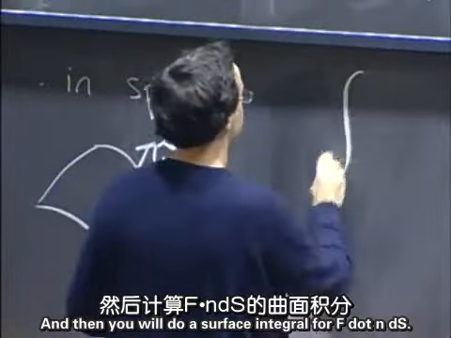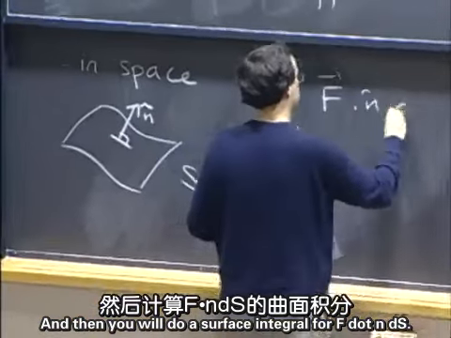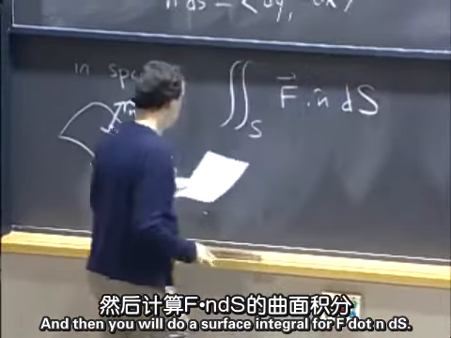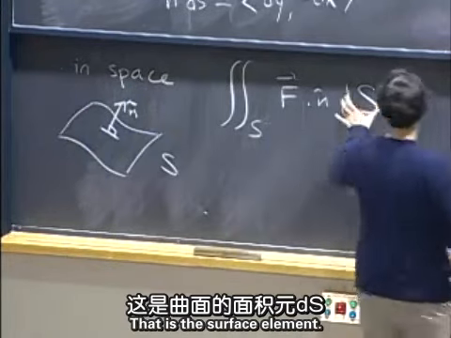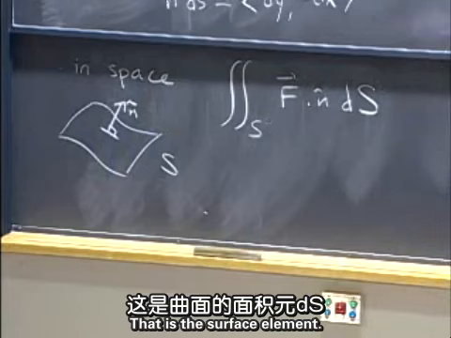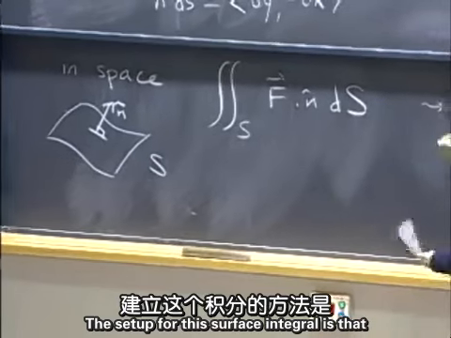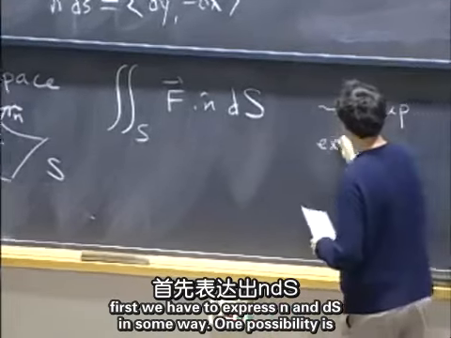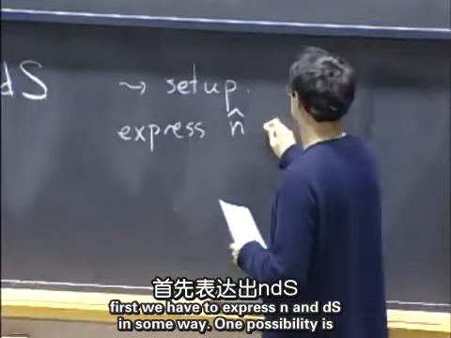And then you will do a surface integral for F dot N dS. So that's the surface area element. The setup for this surface integral is that first we have to express N and dS in some way.